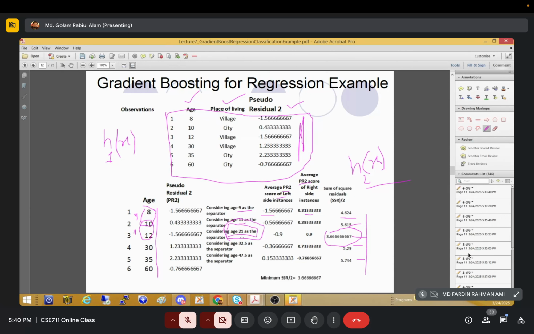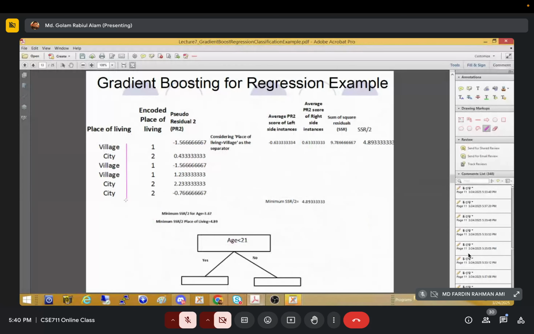But again, we have to think about our other feature, the place of living. If we consider that as a splitter, the error we got from here is 4.89. If we compare the two, 3.67 for age and 4.89 for place of living, then 3.67 will be the winner.